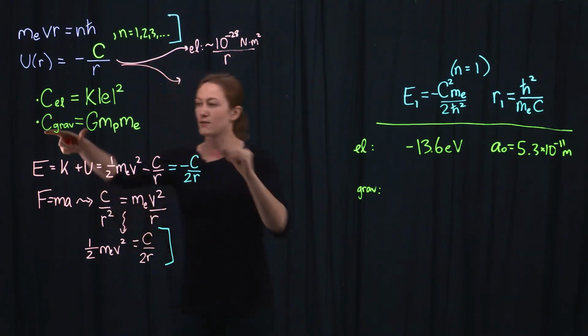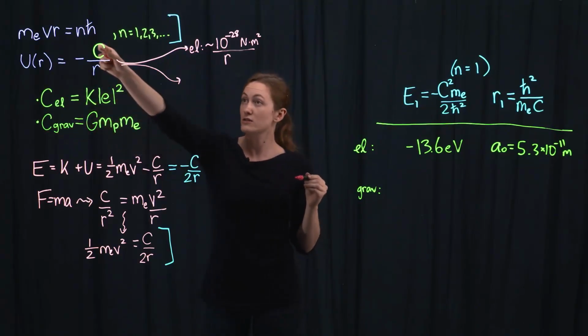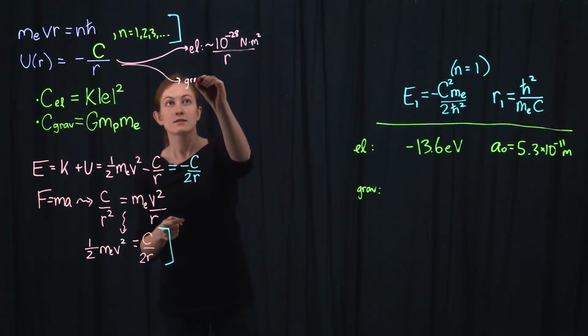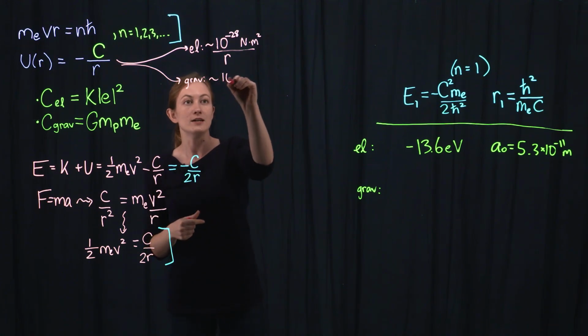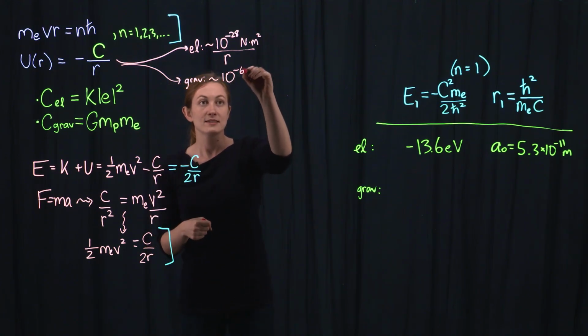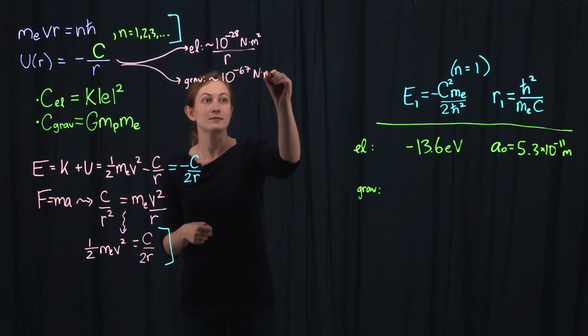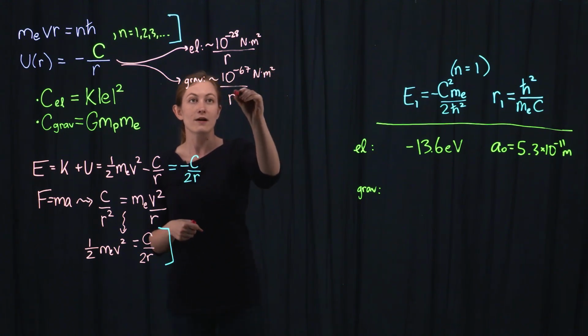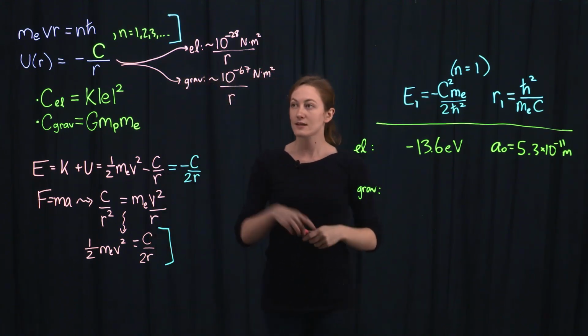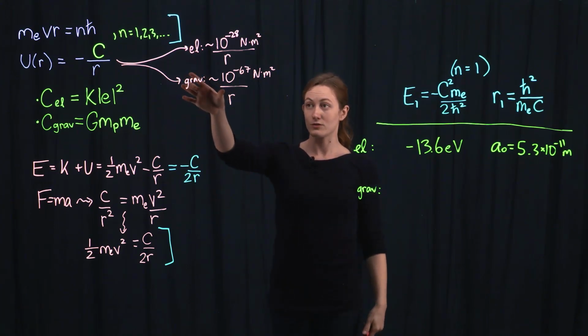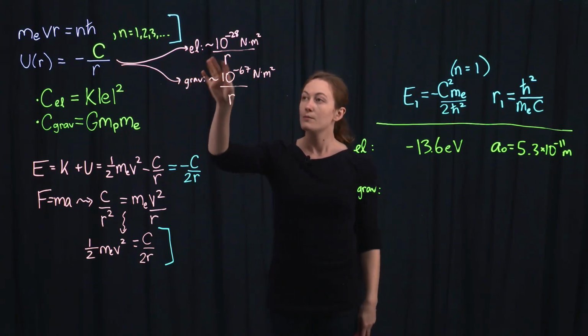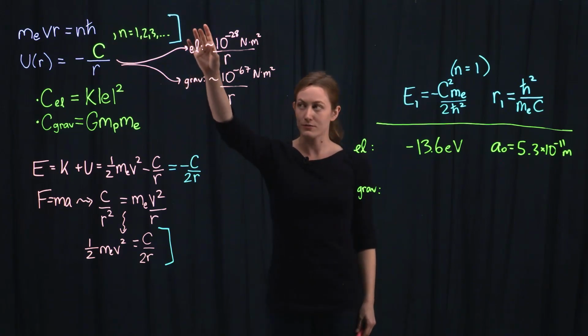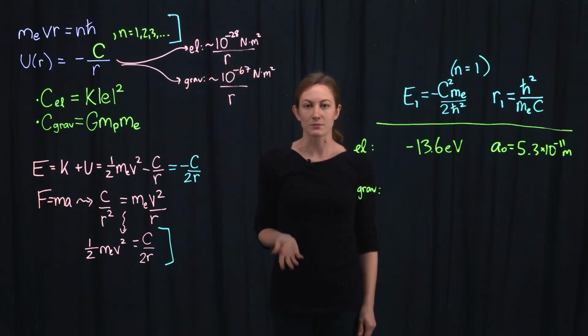And if we plugged in for c gravitational here instead, we would get something on the order of 10 to the minus 67 Newton meters squared over r. So this is telling us that the gravitational force is going to be much weaker than the electric force between the electron and proton.